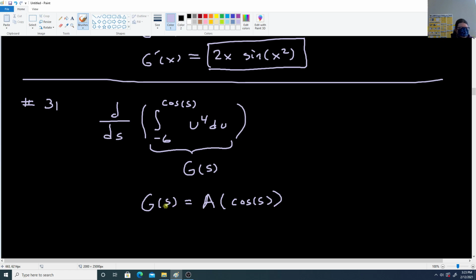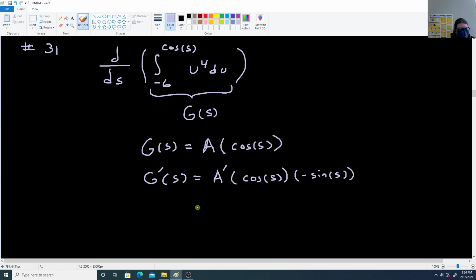So g of s is this regular formula here that you're trying to take the derivative of. If we wanted g prime of s, we take the derivative of the area function, except instead of evaluating it at s, we evaluate it at cosine of s, and then we have to multiply it by the derivative of cosine because of the inner derivative from the chain rule, which is negative sine of s.